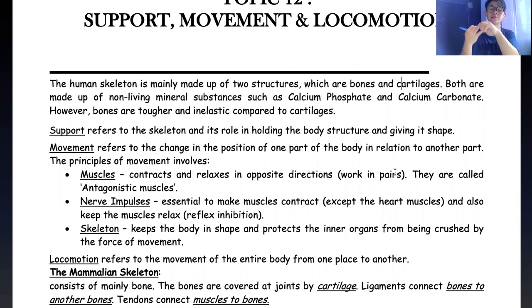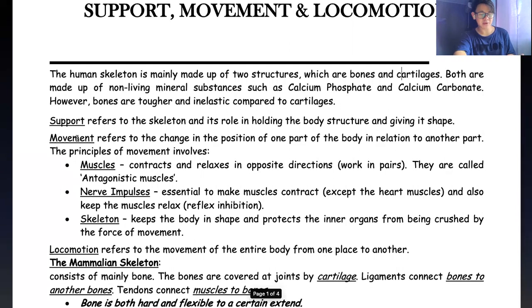So just briefly recalling, what are they for? Firstly, as you can see here, they are for support. So it's for supporting our body, to give it its rigid shape. So that's pretty much straightforward.